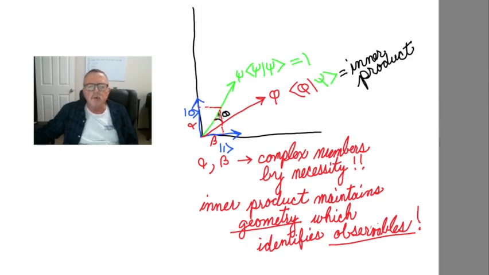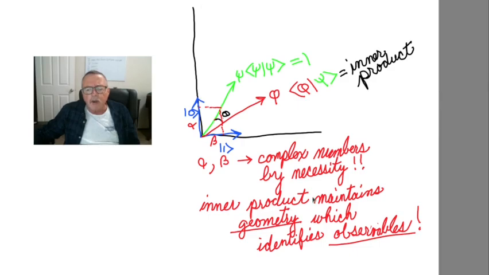These two components, the alpha and the beta that we talked about, and of course there's a couple other components for this phi ray that's here, those are going to end up being complex numbers by necessity. So we'll have a two-dimensional complex plane that we're working with, which will make things a little more complicated in your head.